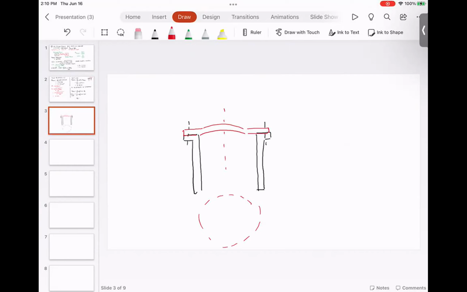Now we need to make sure. For an example, there is going to be a liner here. So this is the liner, and you're going to have bolts.